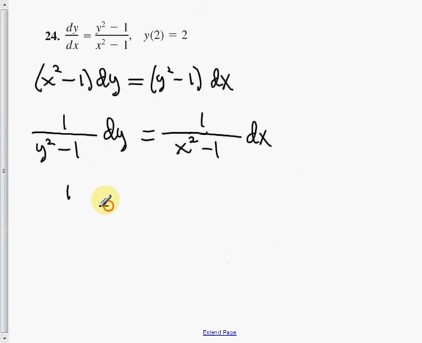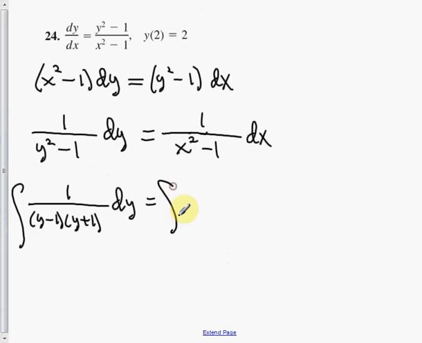So the left side is the integral of 1 over y minus 1 times y plus 1 dy is equal to the integral of 1 over x minus 1 times x plus 1 dx.